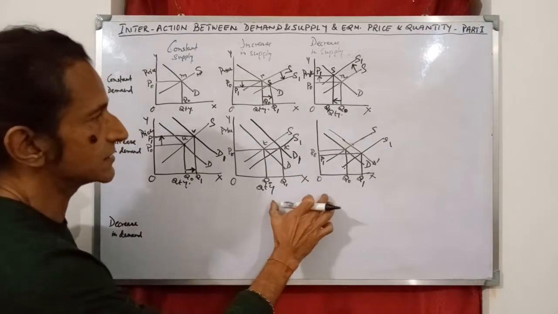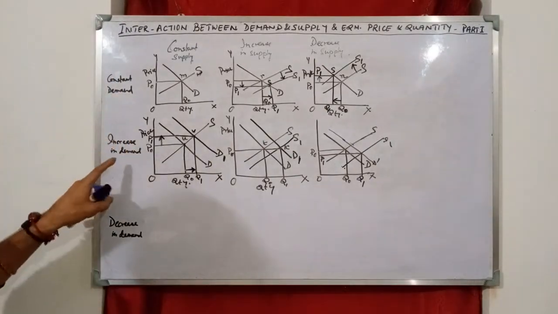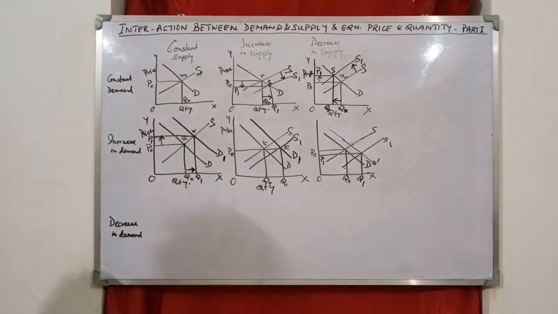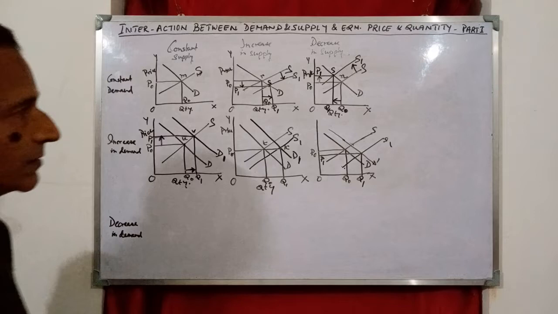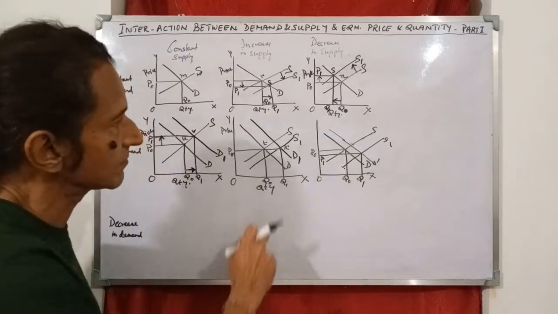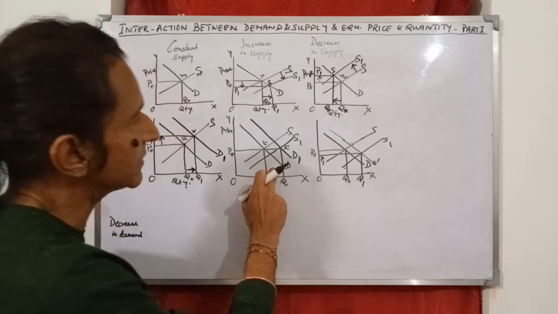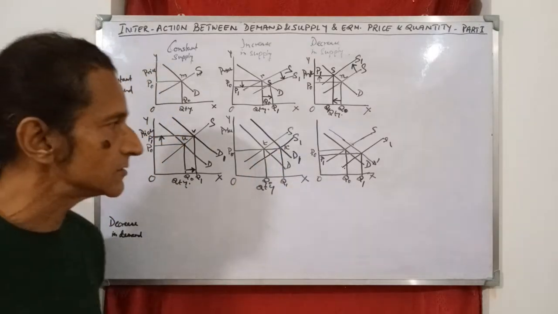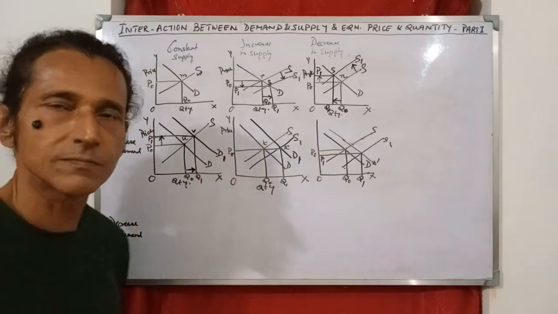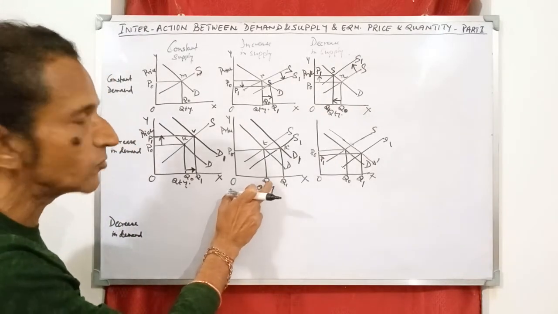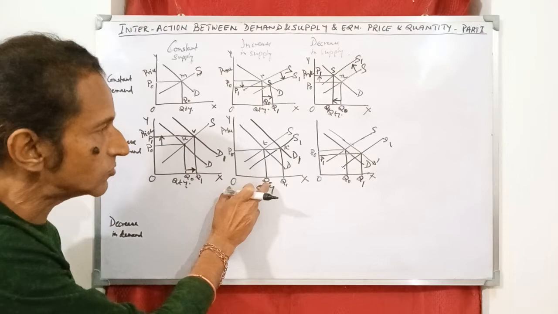In both these cases, demand is increasing and supply is increasing. Both are increasing. Here, the increase in demand is equal to increase in supply. So there is no change in price, no change in equilibrium price. Only the equilibrium quantity increases from OQ sub O to OQ sub 1.